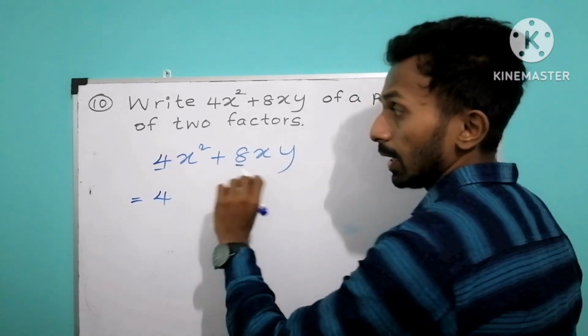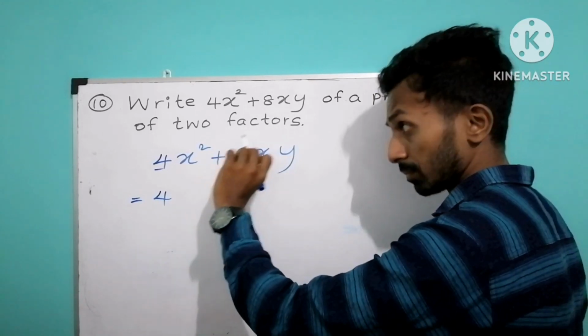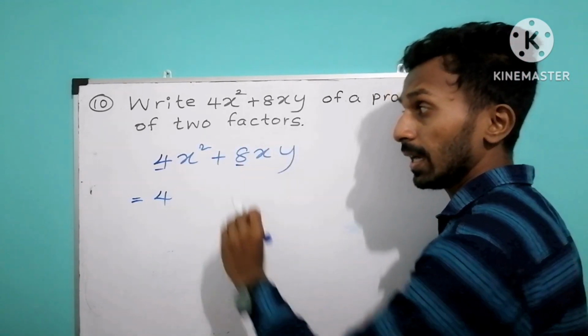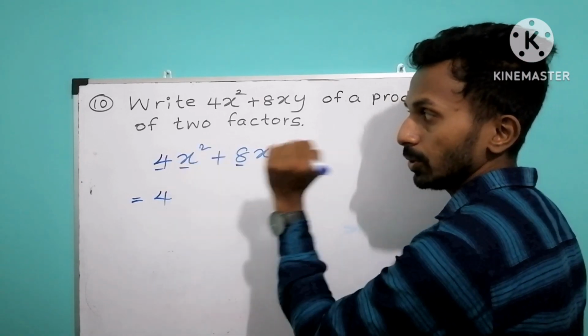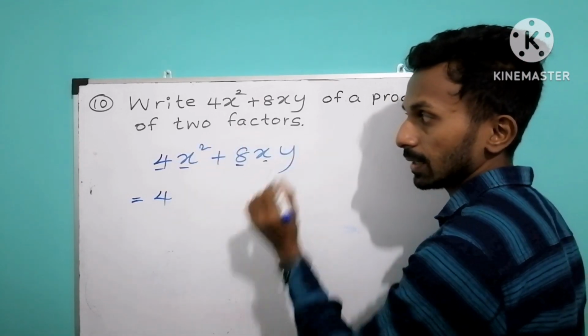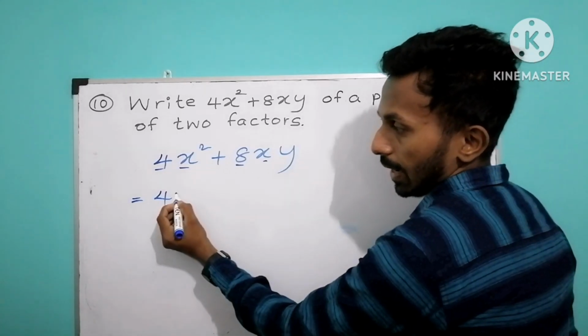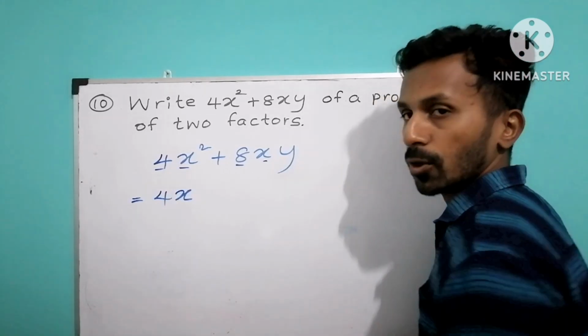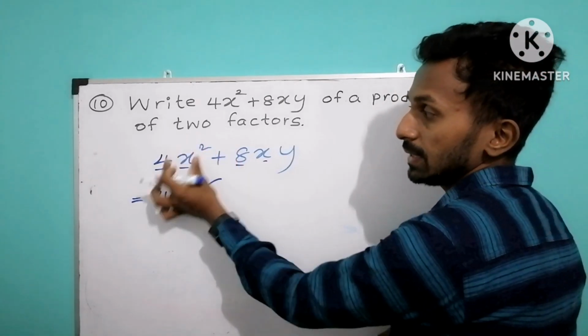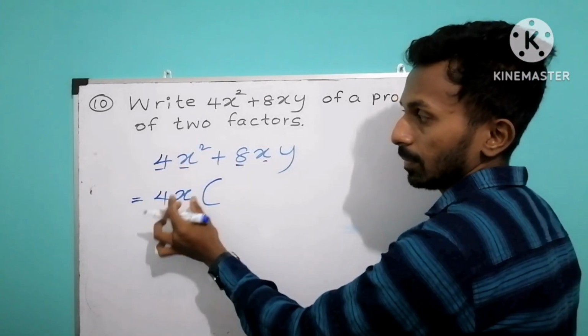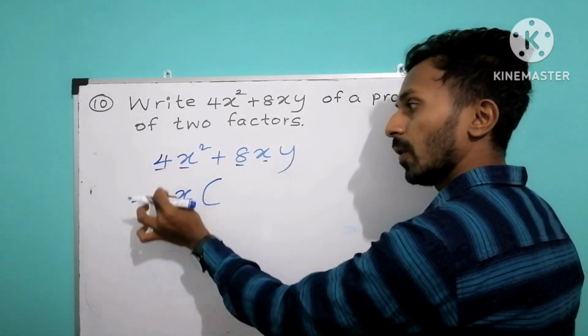Then let's consider the English letter, that means algebraic term. Here you can see x to the power 2, and here x. Then you can take x as common. Then put the bracket. Now divide this term by 4x. Cut 4 to 4.